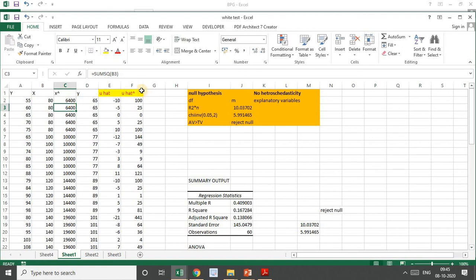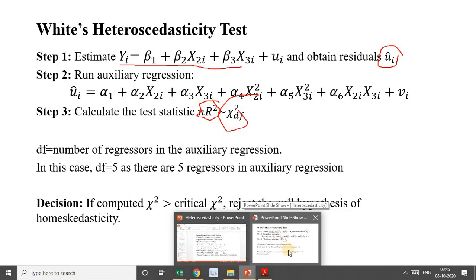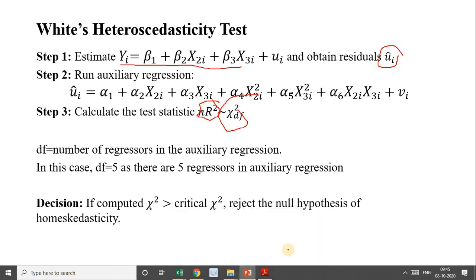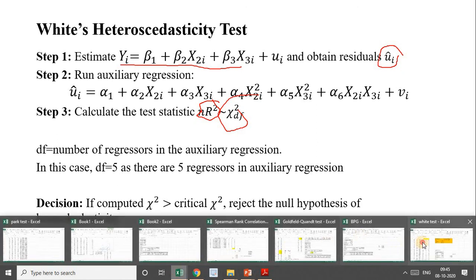Yes, we have to find out u cap, and the u cap square. Then u cap is equal to alpha 1 something.